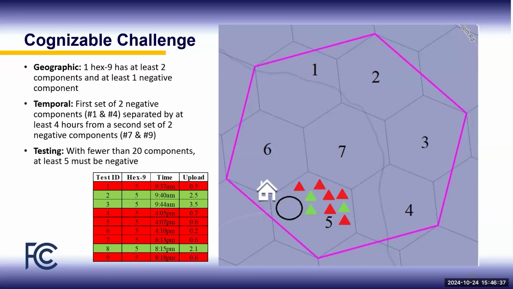The first set tests number 1 and number 4, and the second set tests number 7 and number 9. The testing threshold is satisfied because of the 9 total components, 6 are negative, which is greater than the minimum of 5 negative components when fewer than 20 tests are conducted. Next slide, please.